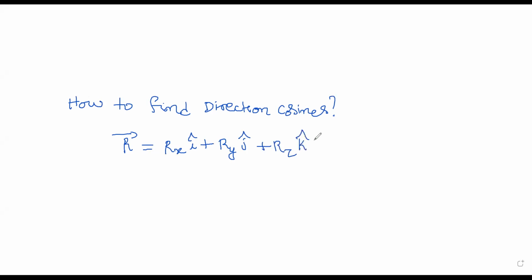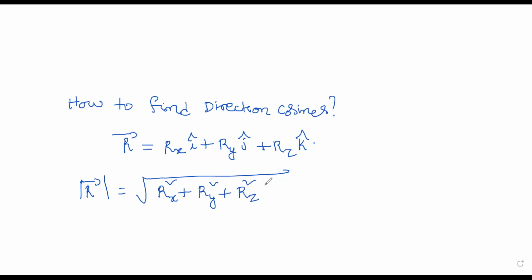Like this, a vector is represented. Now just find what is mod R bar. Mod R bar is nothing but square root of Rx square plus Ry square plus Rz square. And now simply what you have to do is find the unit vector along R bar.